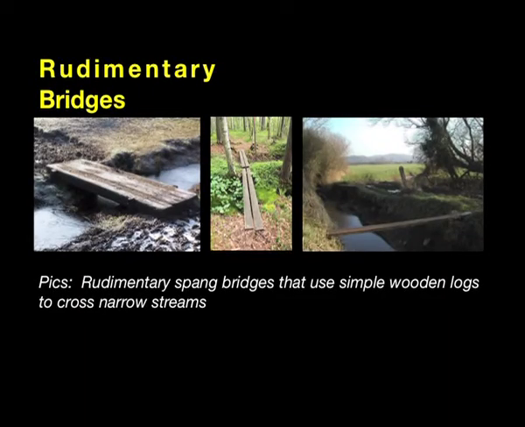It's simple. Take a log of wood from a nearby tree or from a nearby area, put it across the stream, walk over it. Look at how they've done here. There's a simple series of planks arranged in this fashion in such a way that they can span this entire area very easily.